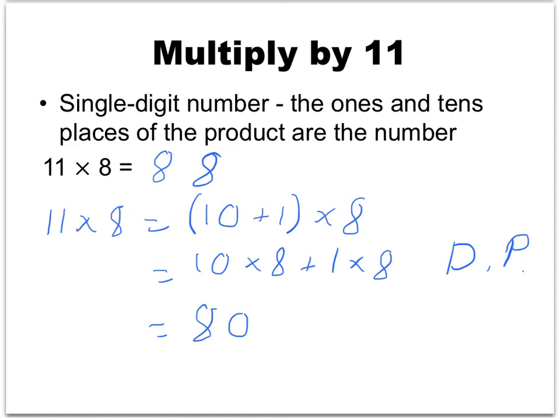And then 1 times 8 is just 8. And so now when I add these together, because here I multiplied by 10, the 1's digit is going to be 0. So when I add these together, the 1's digit of the sum is going to be just the original number, which is 8. And so we get 88. So there's our answer. So we see again how we rewrote this number 11 as 10 plus 1, using the distributive property, and that justifies why this trick works.